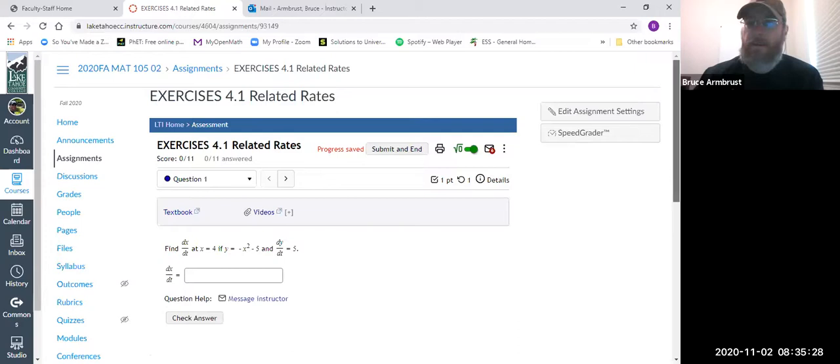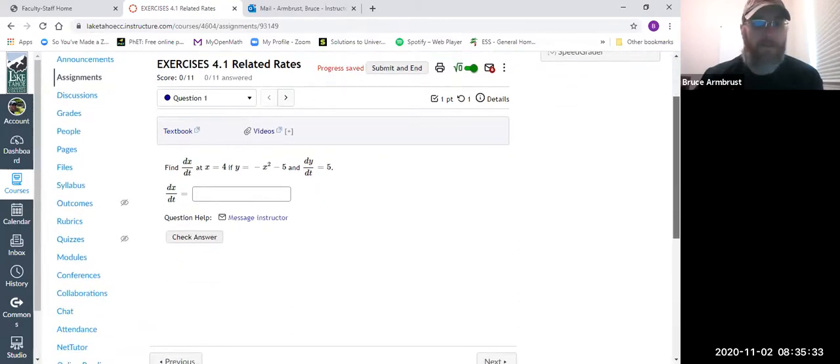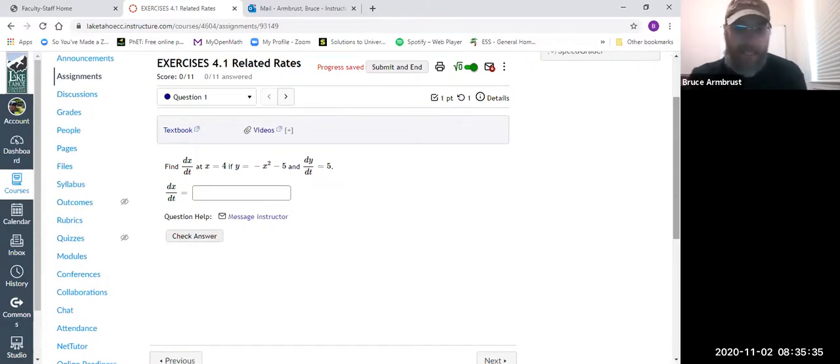All right. So good old question number 1 from 4.1. It says we want to find dx/dt at x equals 4 if y is equal to negative x squared minus 5 and dy/dt is equal to 5. Okay, so let me just write this stuff down.